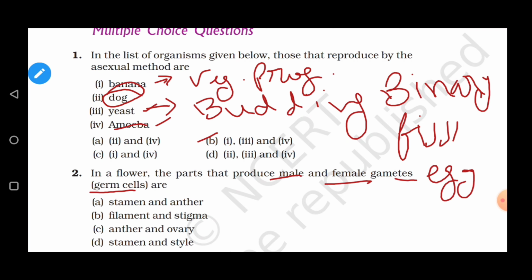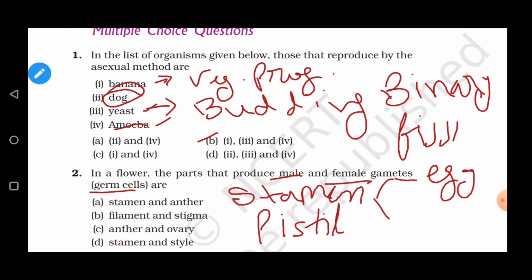The male reproductive part of the flower is the stamen and the female reproductive part is the pistil. The stamen has two parts, the anther, that is the lobe structure, and the filament, that is a thin tube-like structure. These two are parts of the stamen, whereas the pistil has three parts: stigma, then style, and the lower part is the ovary.